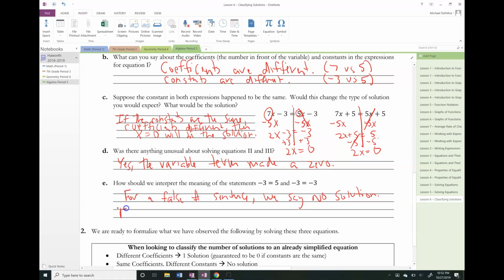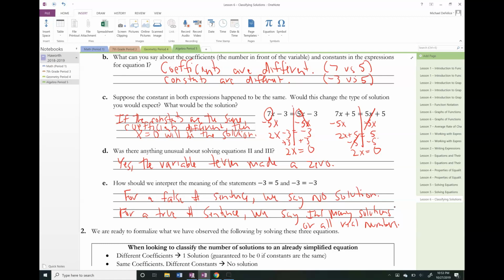For a true number sentence, that means infinitely many solutions, or all real numbers. Infinitely many solutions just means there's an infinite amount of solutions. All real numbers means any number you choose would work.